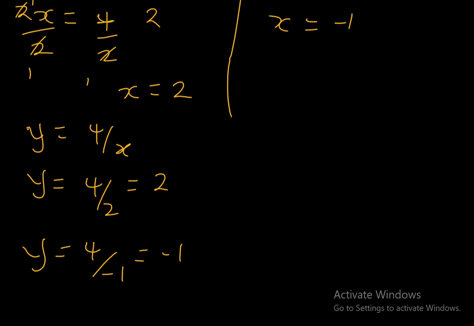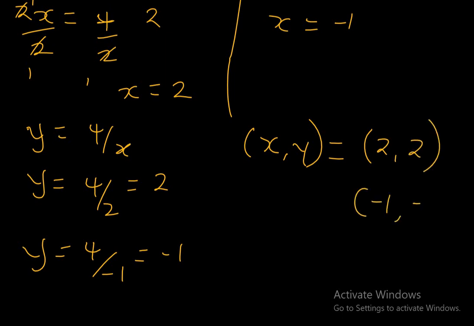Alright? So, for x and y, x will be 2 and y 2, or x minus 1 and y minus 4.